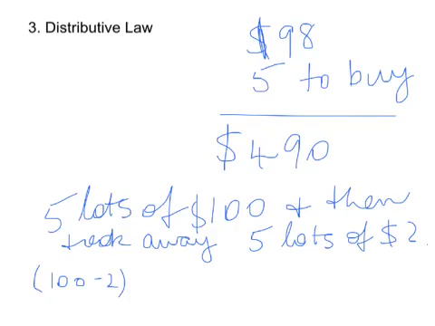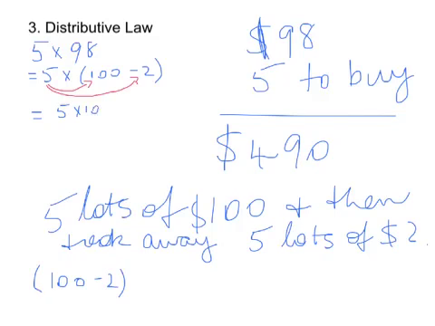So 5 times 98 is equal to 5 times 100 minus 2. So just changing the colour here, that's 5 times 100, take away 5 lots of 2.